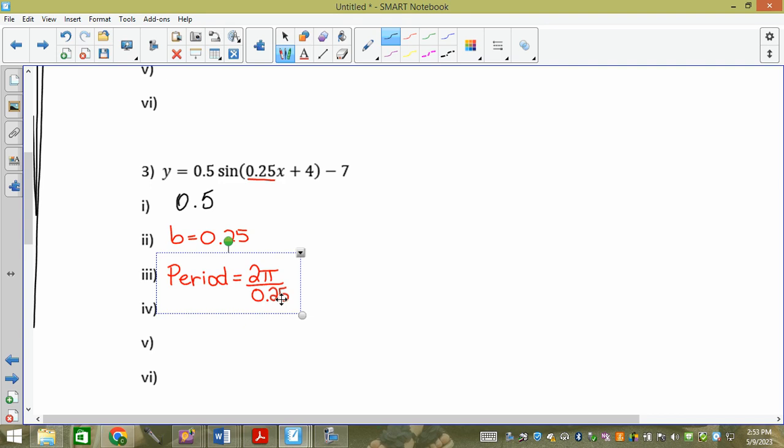So go in your calculator, instead of 2 pi divided by 0.25, leave the pi out. Just go 2 divided by 0.25. And what do we get? 8. So this is not just 8, it's actually 8 pi. We bring the pi back. We just don't put the pi into our calculator or it'll cause mass confusion.